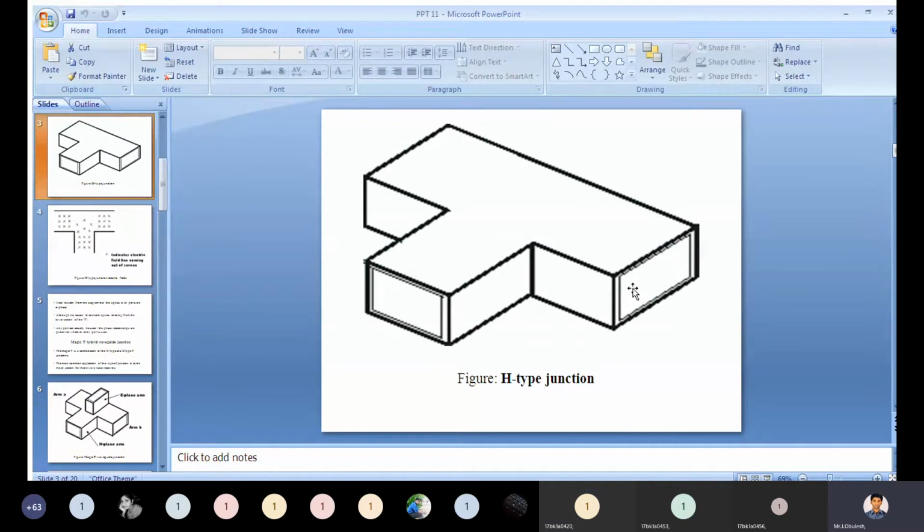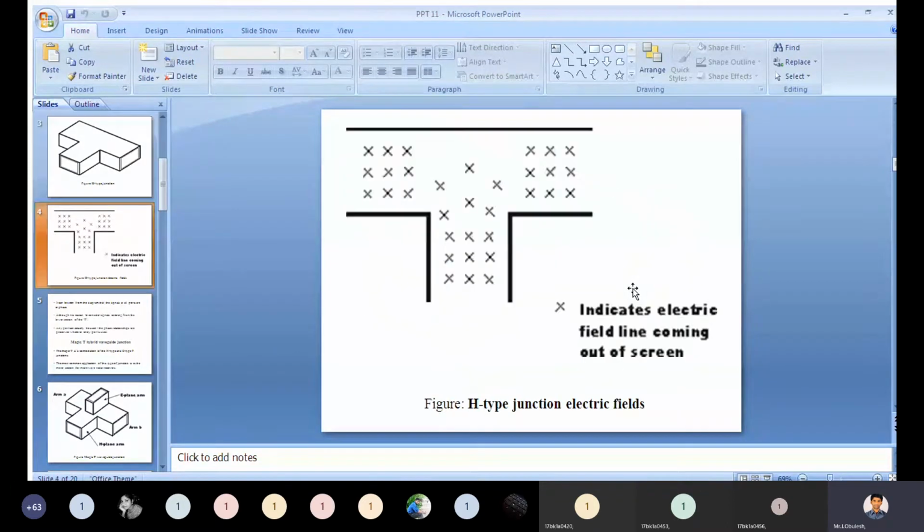Although it is easiest to consider the signals entering from the lower section of the T, any port can actually be used; the phase relationships are preserved whatever entry port is used.